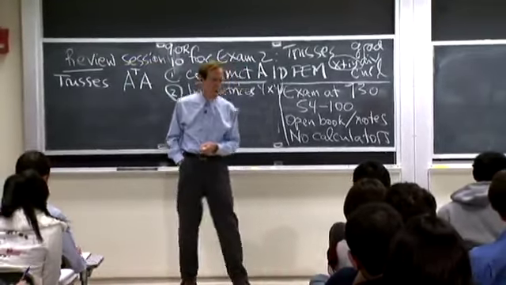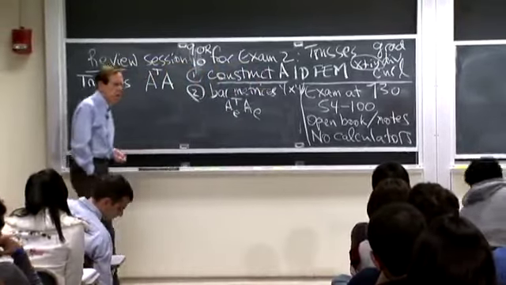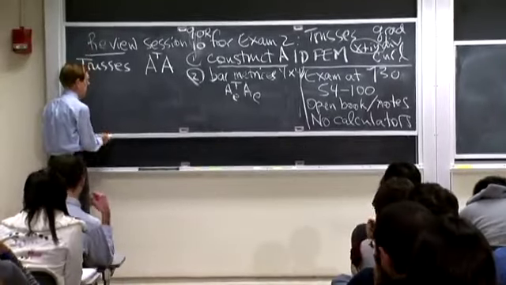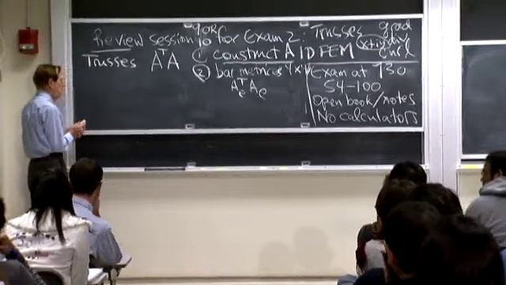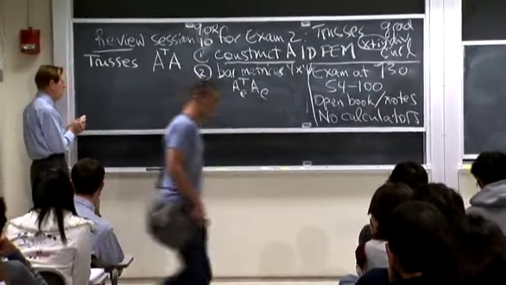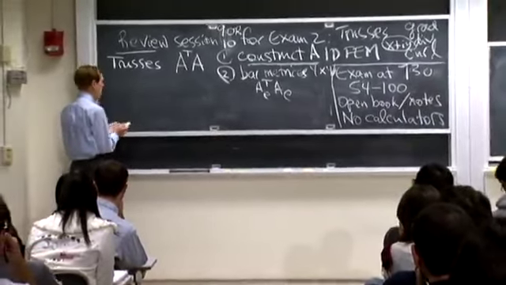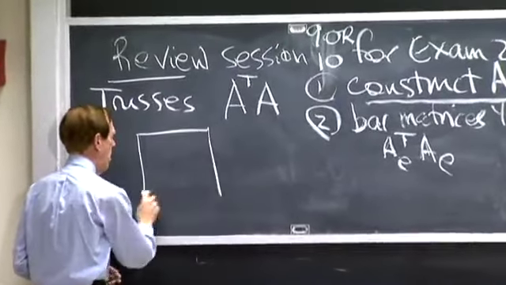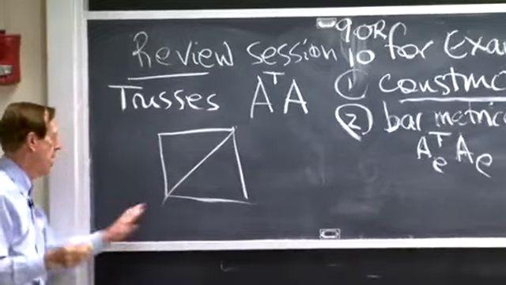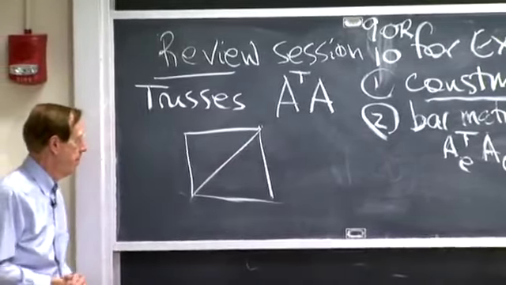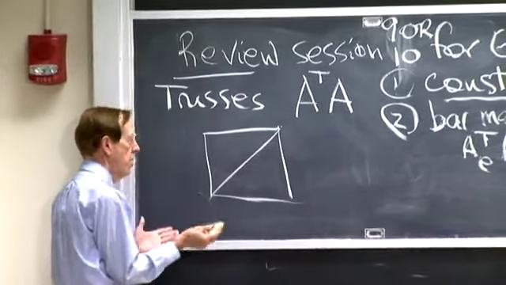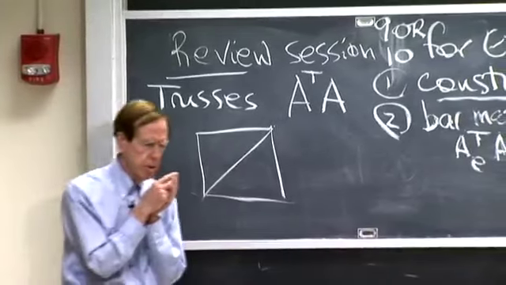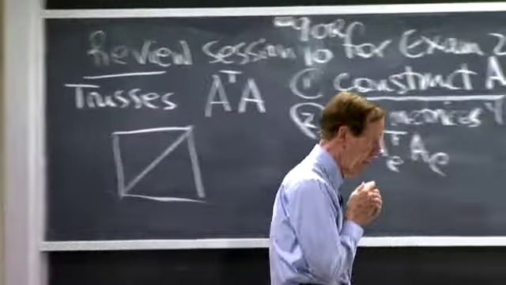What was it, a complicated truss? Or let's just create a truss. Maybe I won't create the whole matrix A. Here's a truss. How's that for a truss? And let me put no supports on it.